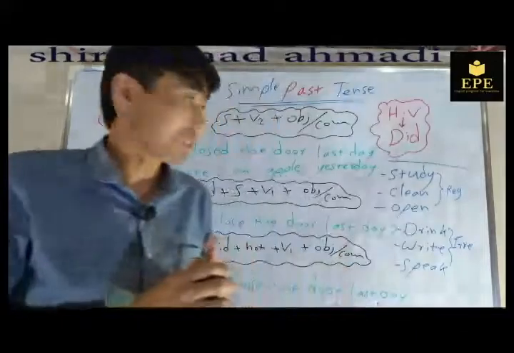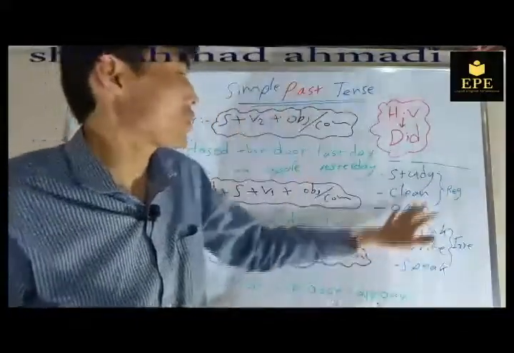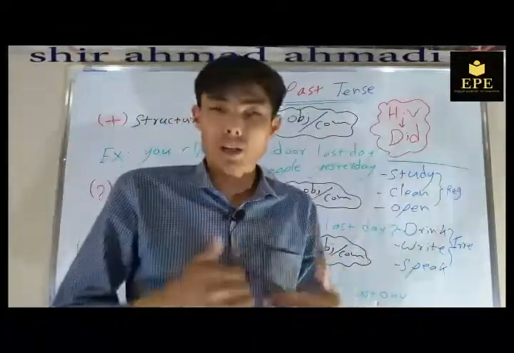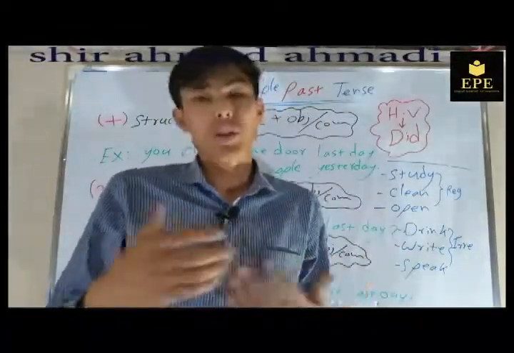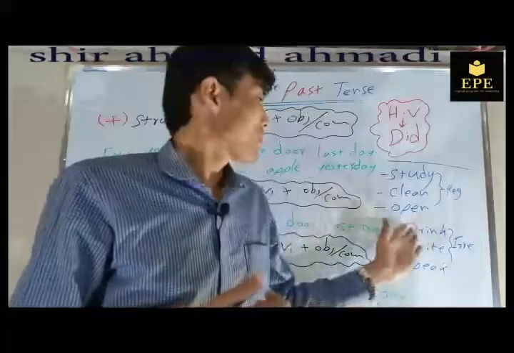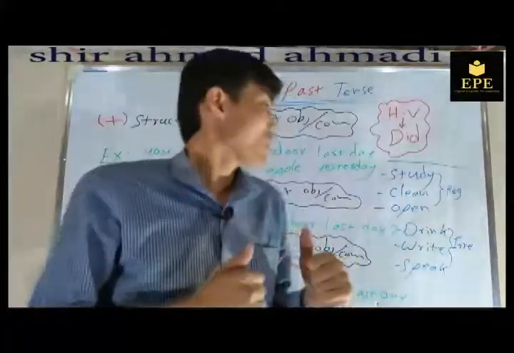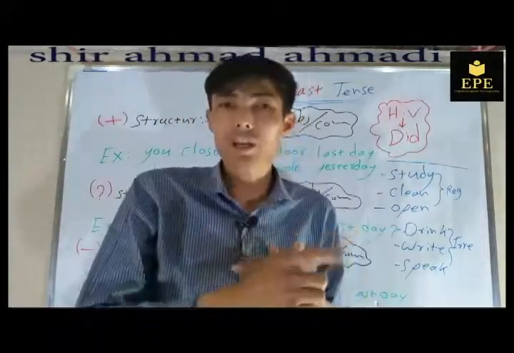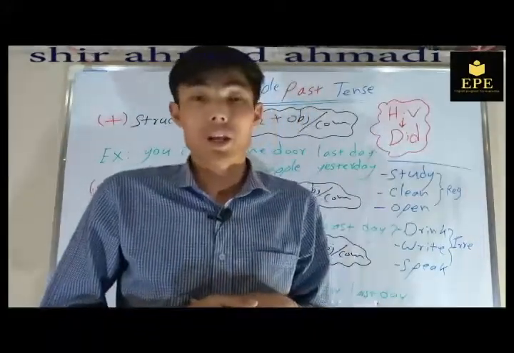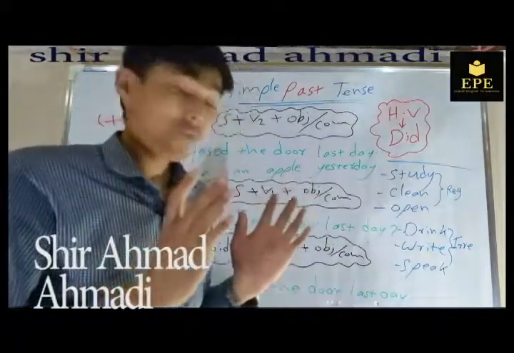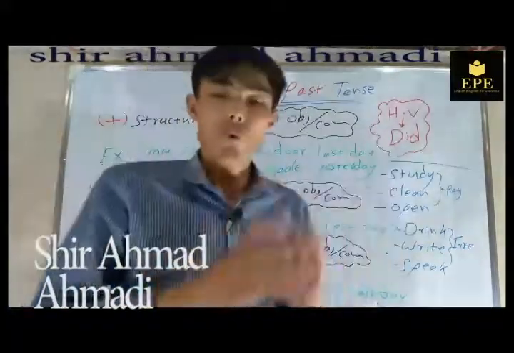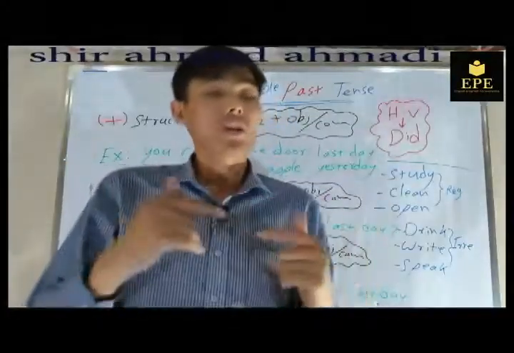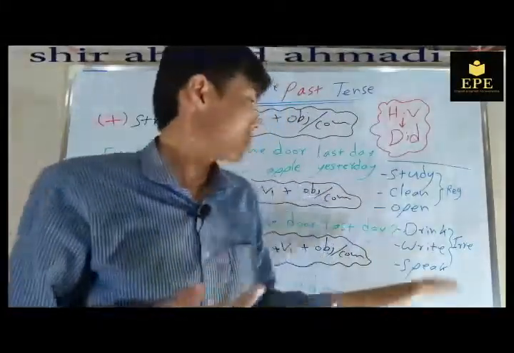I give you examples about simple past tense with these verbs. So she drank a cup of coffee 1 day ago. Or we drank tea, for example, last day. Question: did we drink tea yesterday? We did not drink tea yesterday, like this.